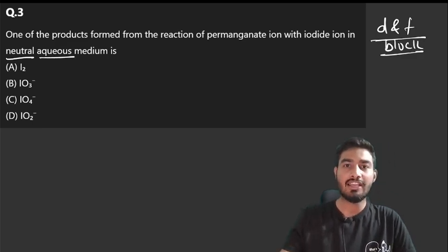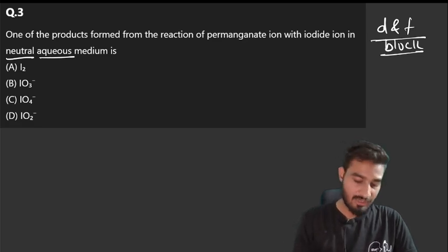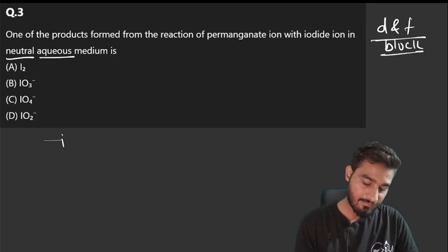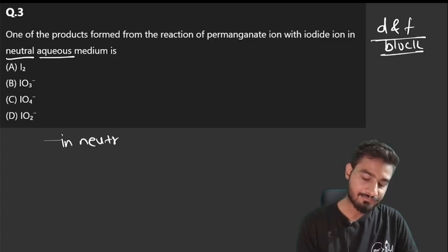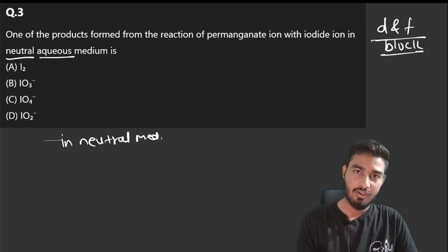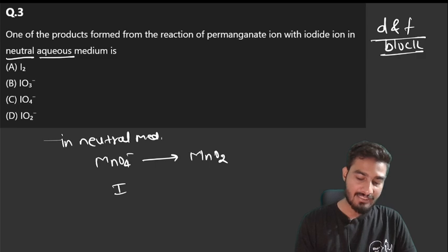So in neutral aqueous medium, we know the reaction we will write in neutral medium. In neutral medium, MnO4 minus will convert into MnO2, and I minus, the iodide ion, will convert into IO3 minus.